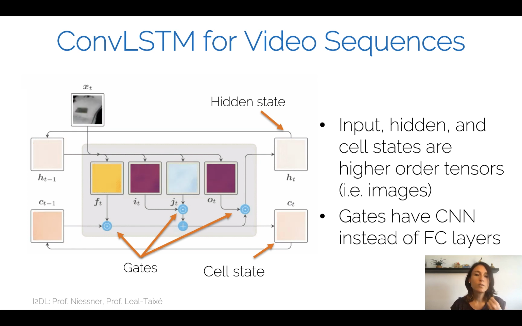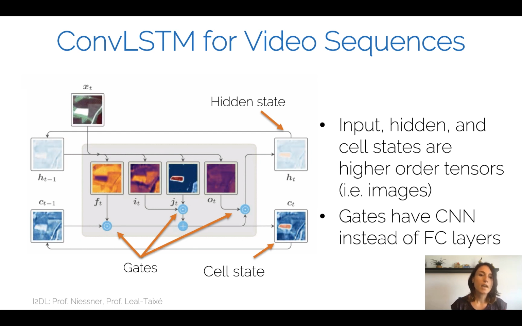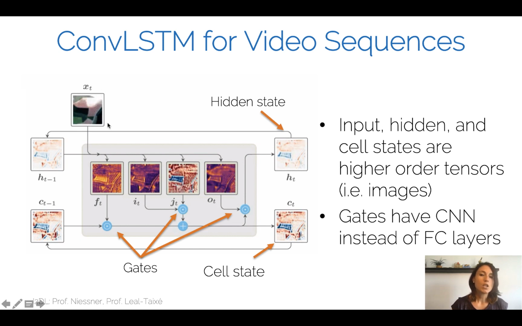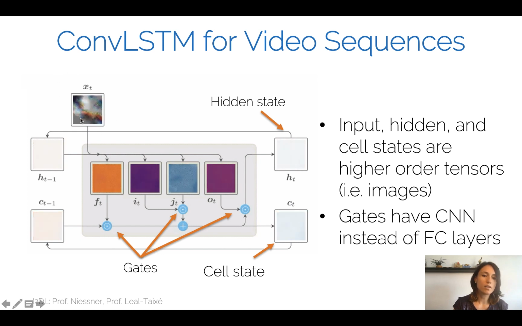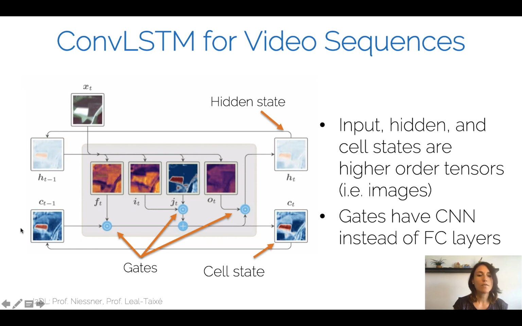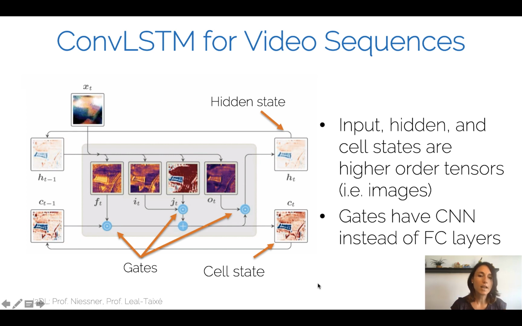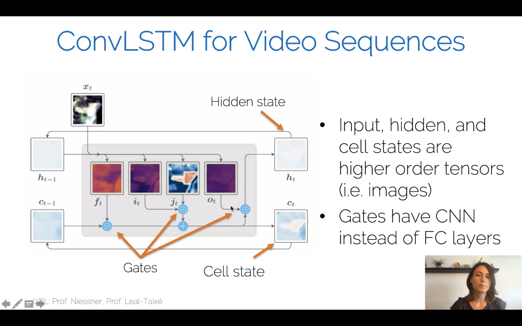Therefore, they are all images. So we can even plot what these hidden states and cell states are going to be in the case that our input changes, as we can see here. So in this case, we have the depiction where the input is at the top and we're processing the information, we're outputting the forget gate, and then we have here at the bottom the cell state, which gets changed by the forget gate, by the input gate, and by the output gate.